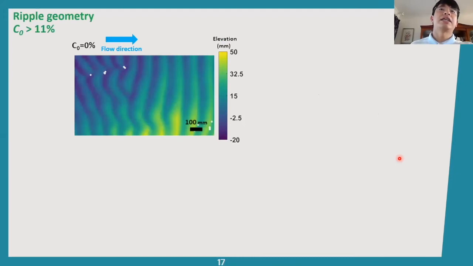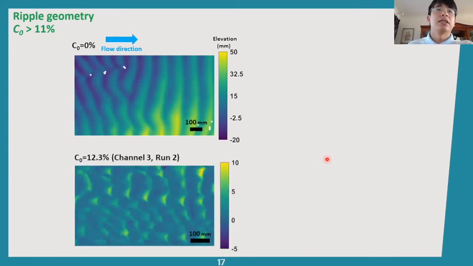And as I mentioned before, the clean sand ripples were two-dimensional in terms of the planform geometry, but the planform geometry for the ripples at the highest clay content bed heavily changed.